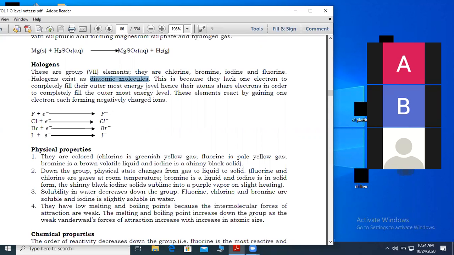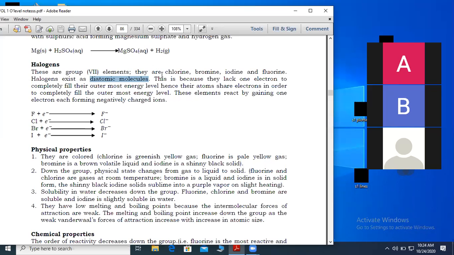Shadrach? So what of ammonia? How comes ammonia is not diatomic? Because ammonia is formed by a combination of two atoms. When a gas is formed by a combination of two atoms, then you follow the rule of exchange of valencies. So ammonia, it is formed by nitrogen and hydrogen.